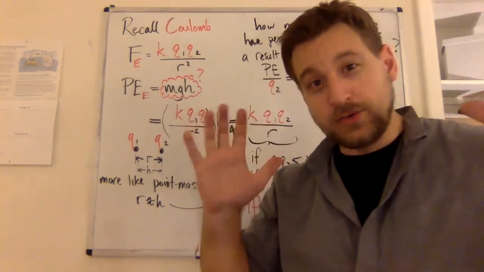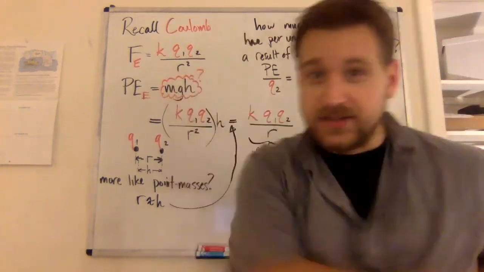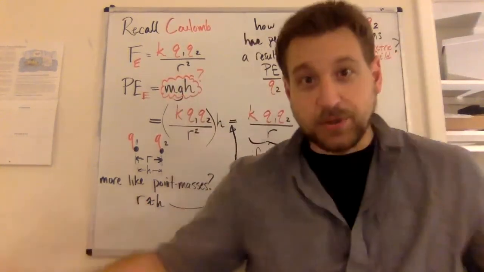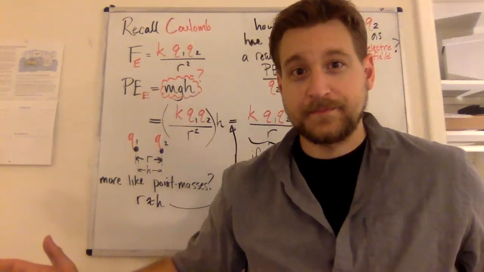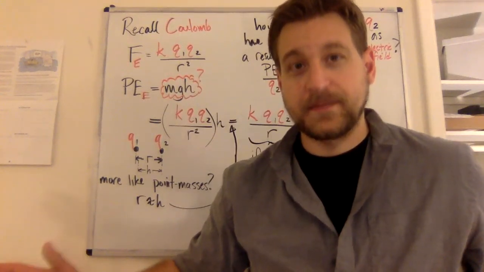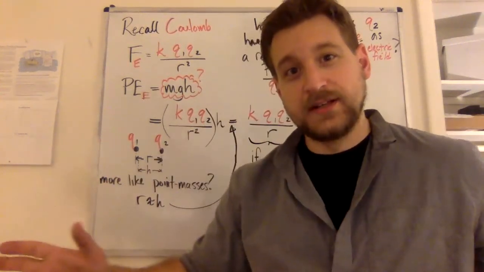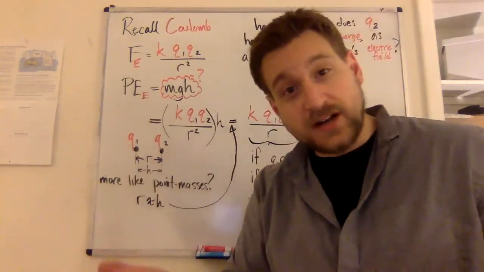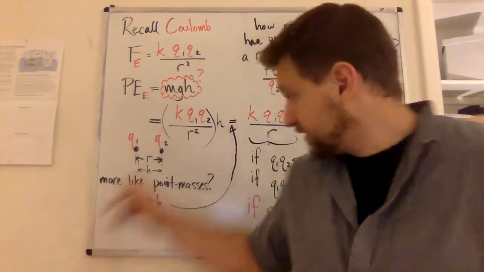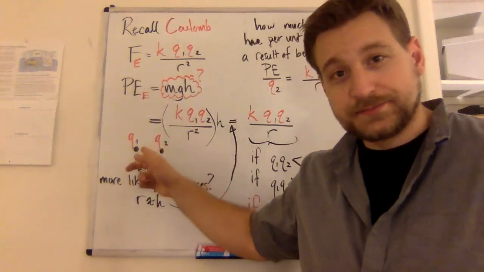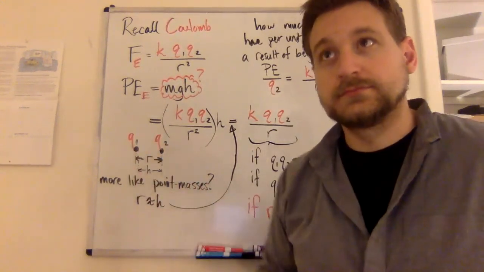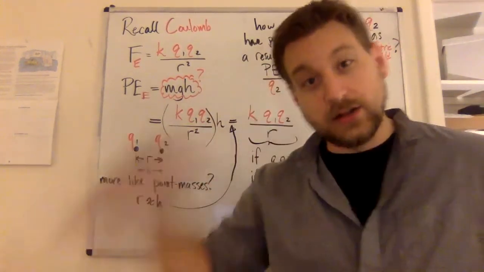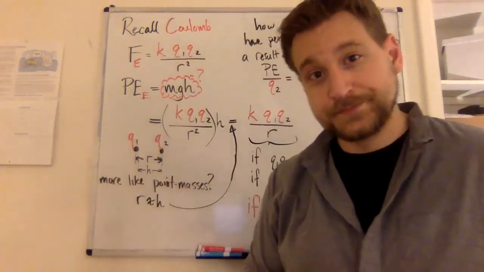When we let go, that energy gets converted into kinetic and we get pushed away from the positive charge, if we are also positive. We roll downhill away from the top of the hill.